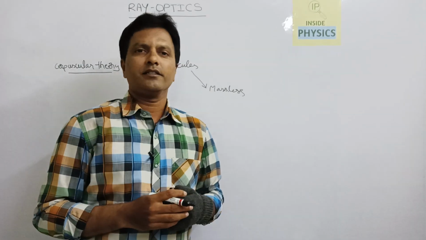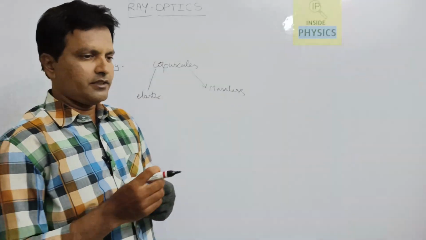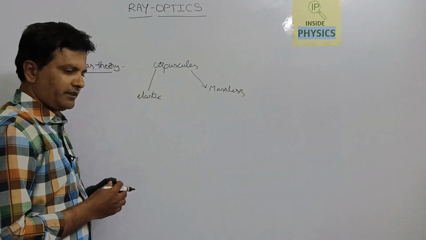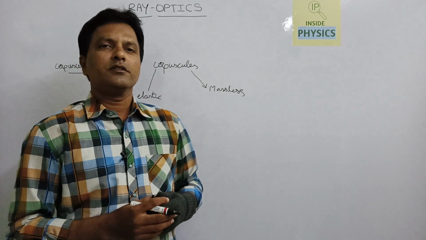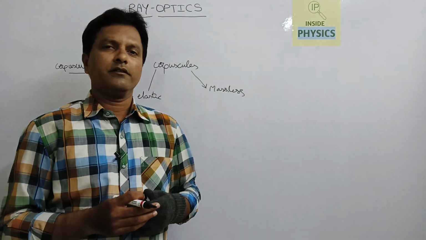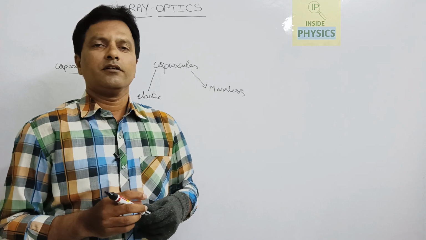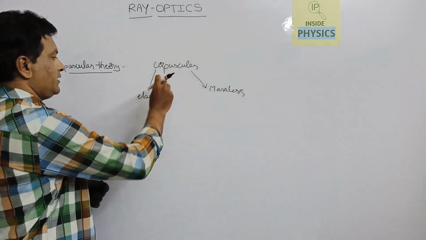Massless, elastic particles, something like a particle with these two properties, called corpuscles. So he said that light propagates in the form of corpuscles. He tried to explain the phenomena of reflection and refraction with the help of corpuscle theory.